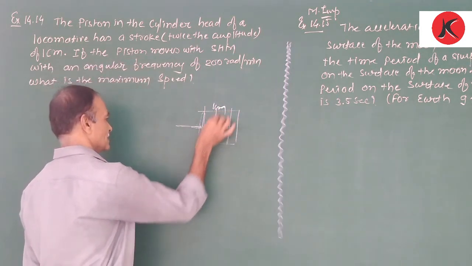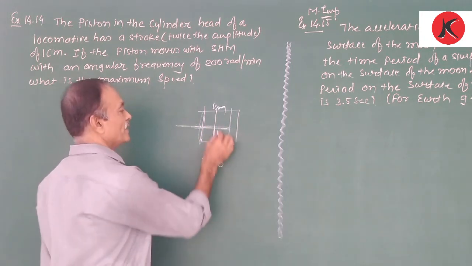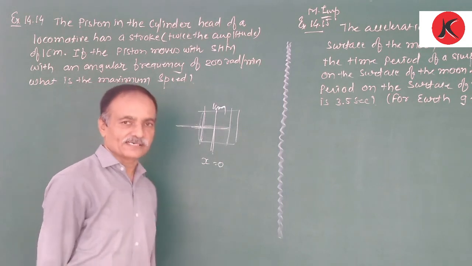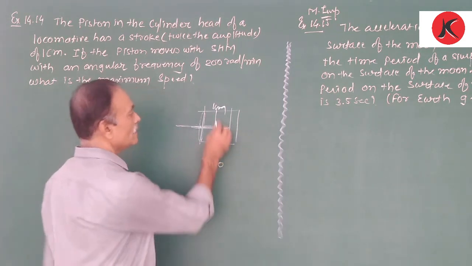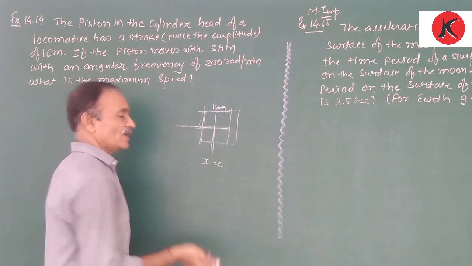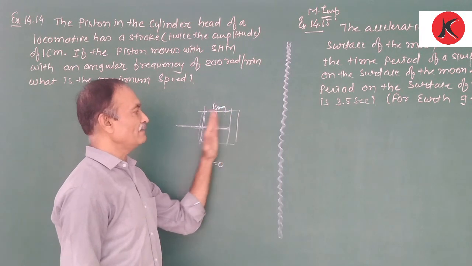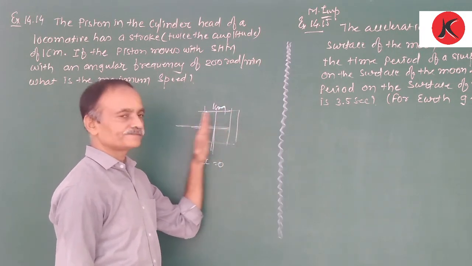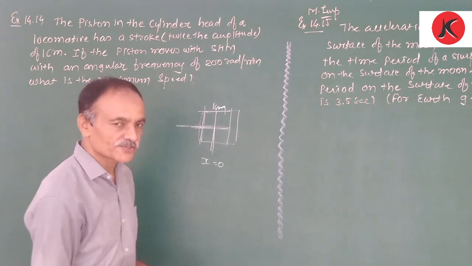Mean position is here, x is equal to 0. So amplitude is half of the stroke. Stroke means the distance between the minimum position and maximum position. Therefore, the amplitude is half of the stroke.